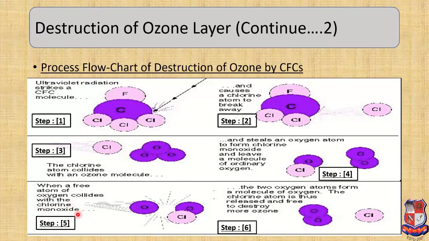Now in the fifth step, this free oxygen atom collides with the chlorine monoxide formed in the last step, the two oxygen atoms form a molecule of oxygen, and the chlorine atom thus released is free to destroy more ozone. That is all about destruction of the ozone layer.